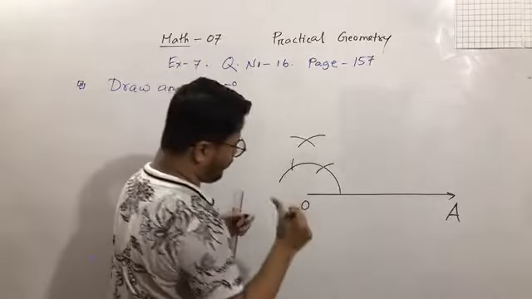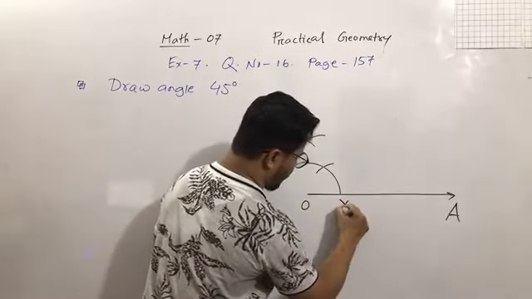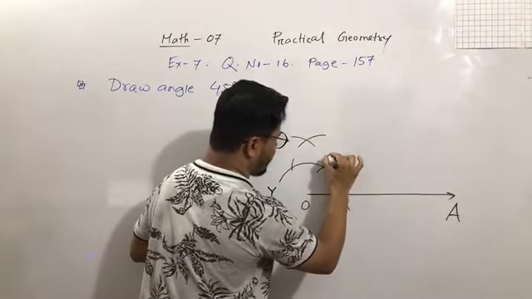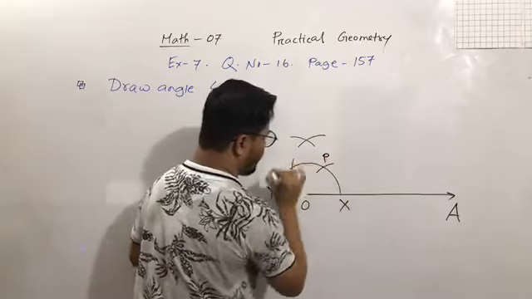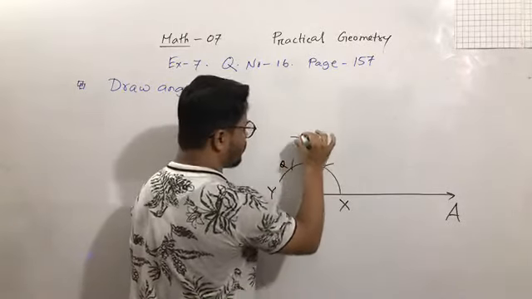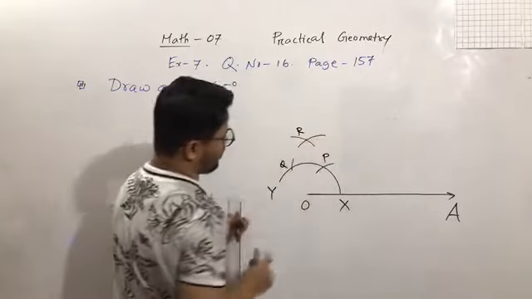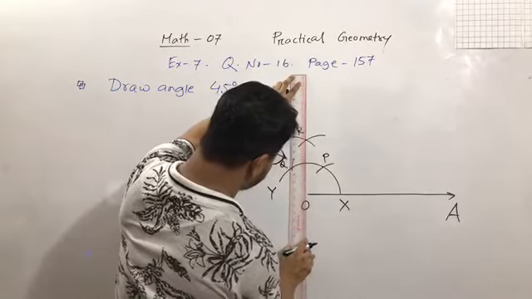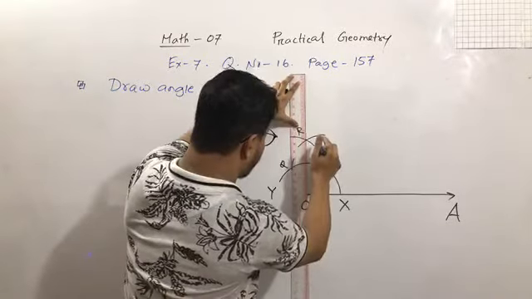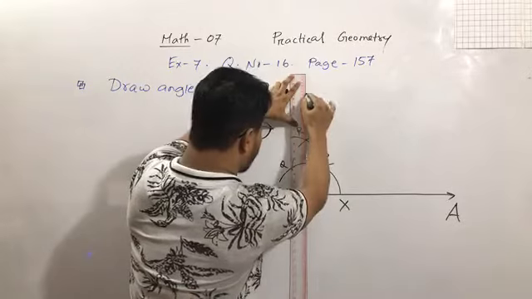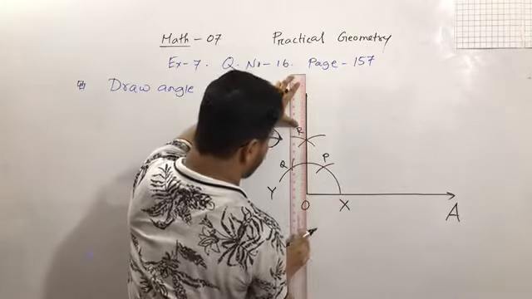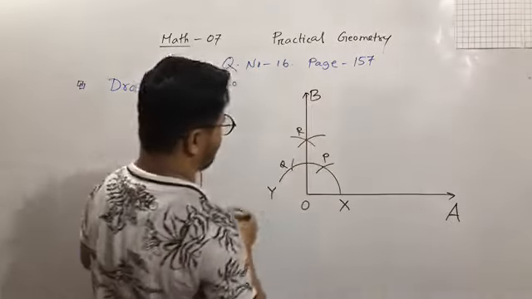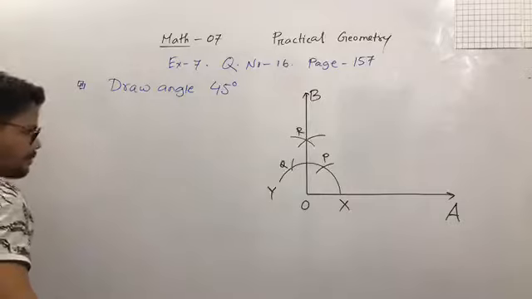Now the first one we can mention here, P, this one is Q, this one is R. Now draw a line, this is OB, which is a 90 degree angle.